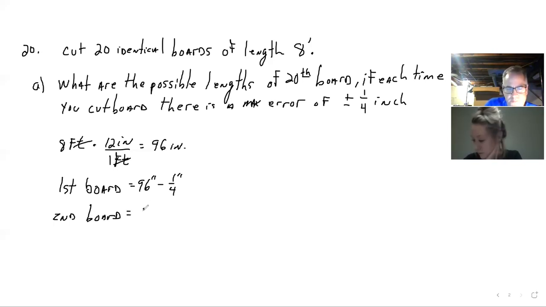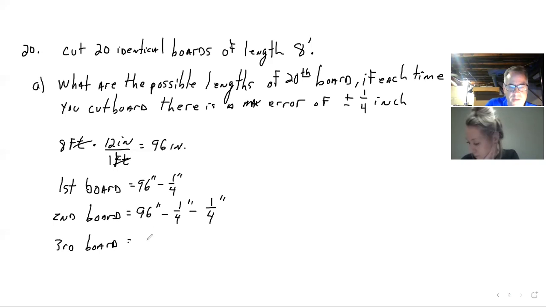Second board. Well, I've already got the 1/4 inch from the first measure, and now I'm going to have another 1/4. The third board, this is the last one I'll actually write out, would be that starting point, 96 inches, minus 1/4 of an inch, minus 1/4 of an inch, minus 1/4 of an inch.